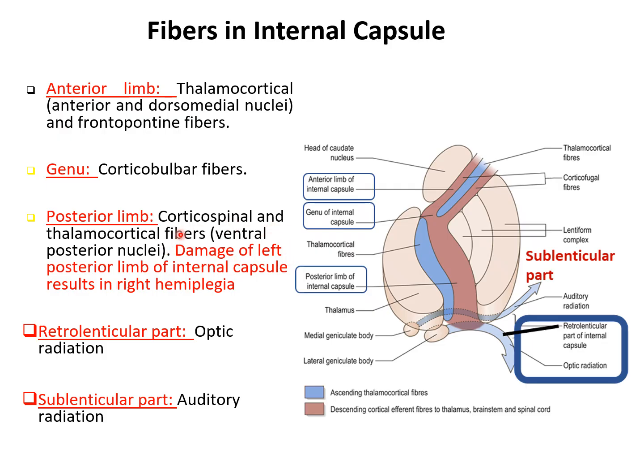The descending corticospinal tract controls the muscles of the opposite side of the body. That's why damage of the posterior limb of the internal capsule will cause contralateral hemiplegia, same as damage to area 4, as I mentioned before.